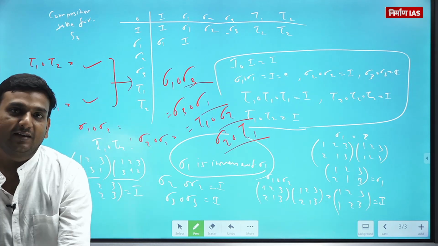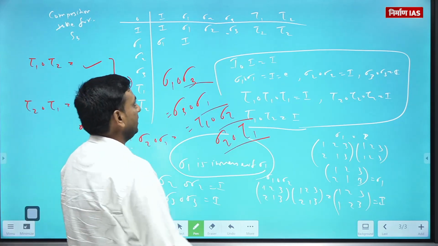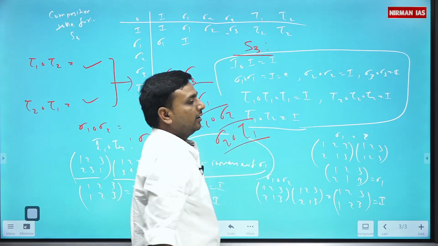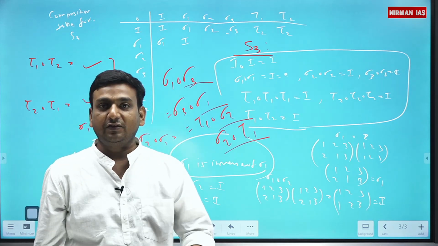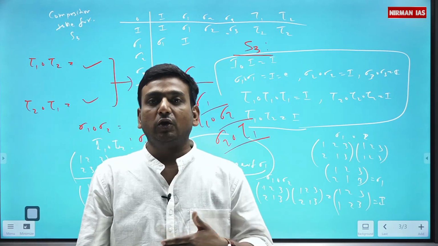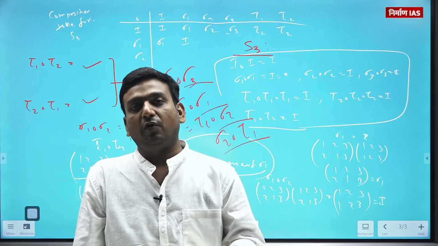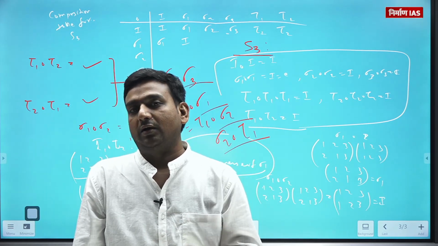Getting my point? This is a very good example. S3 is the first non-abelian group, or you can say a non-abelian group of minimum order.